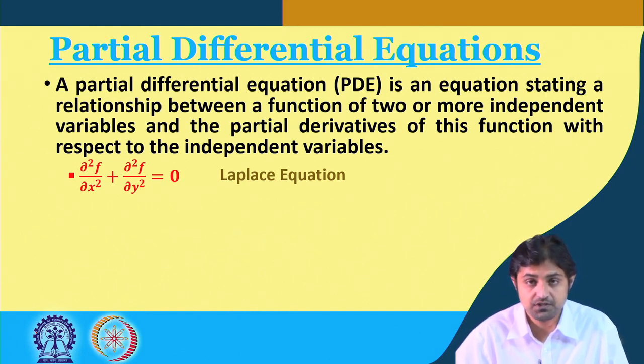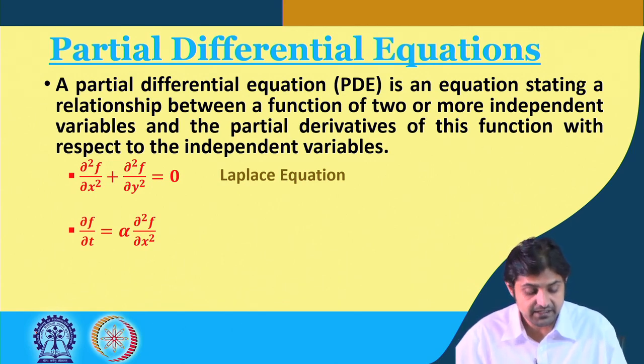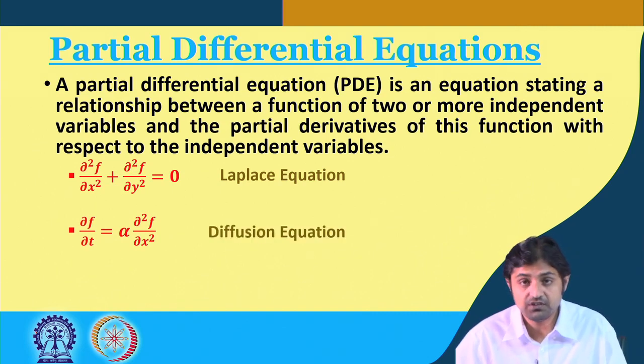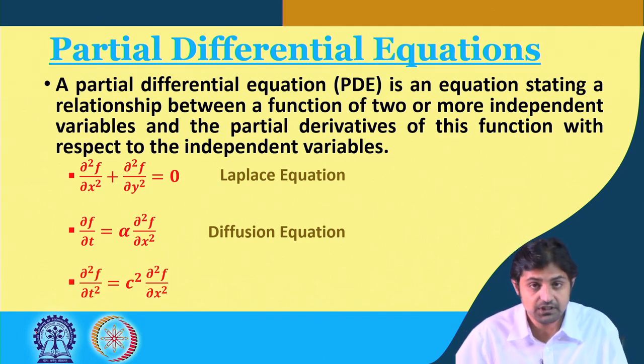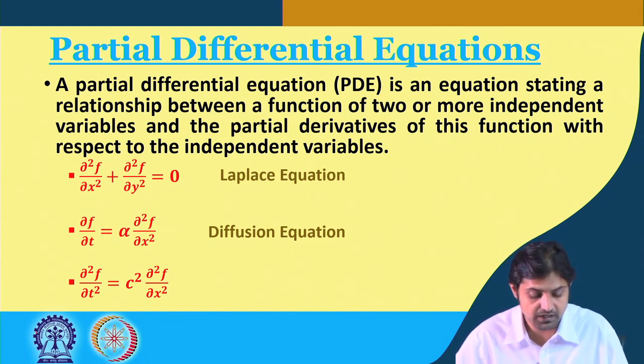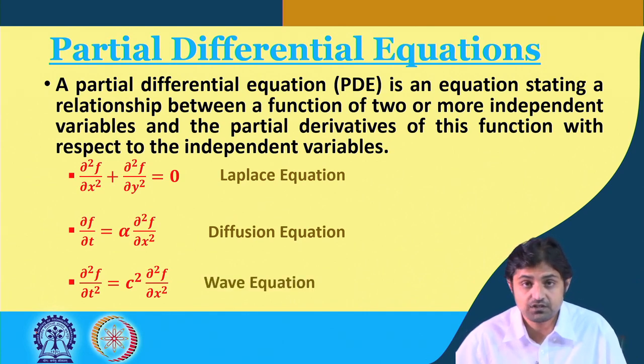From your previous experience you should know this. Another equation is del f by del t is equal to alpha del square f by del x square. This is a diffusion equation. The third equation is del square f by del t square is equal to c square del square f by del x square, and this is a wave equation. These are the 3 most common types of equations in partial differential equations that we know.